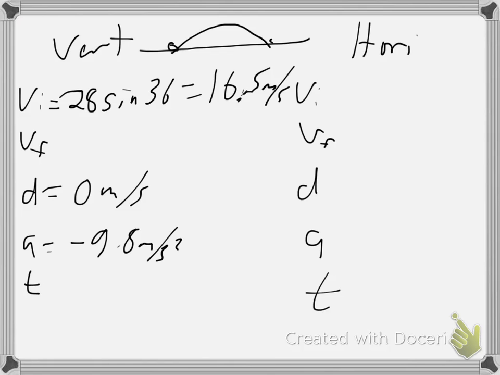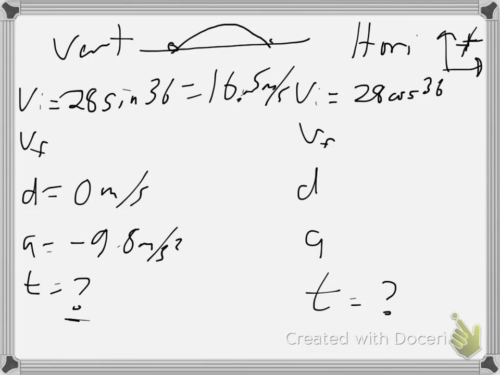Now we say this is negative because we have to set positive directions. I'm going to set up and to the right to be positive here. And we're looking for our time, because our time in the vertical direction will be the same as our time in our horizontal direction. Now our initial velocity in our horizontal will be 28 cosine of 36.